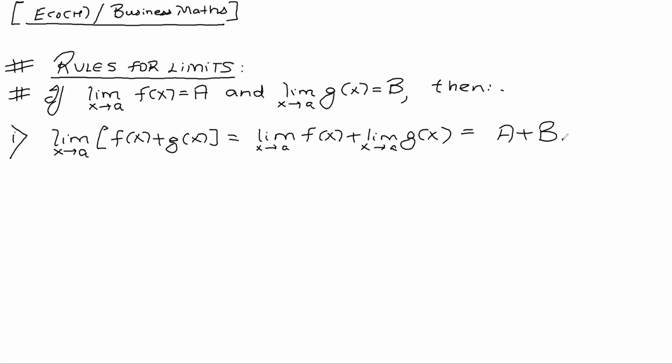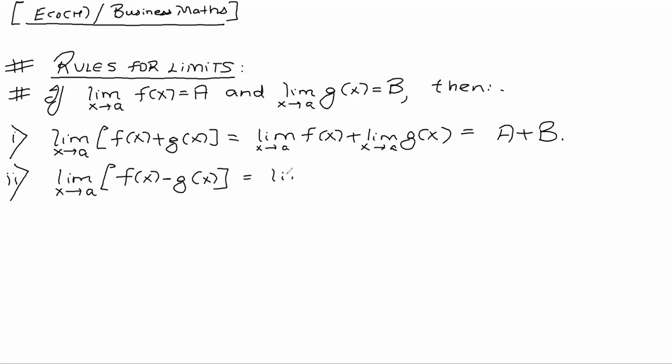So what do we learn? Limit of a sum is the sum of limits. So far I hope it's clear. Second rule, limit as x tends to a. Suppose I take the difference of the two functions.